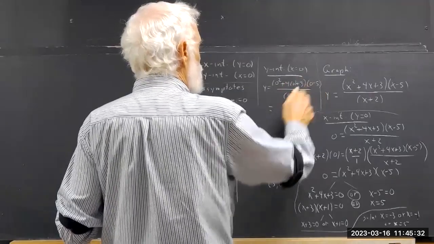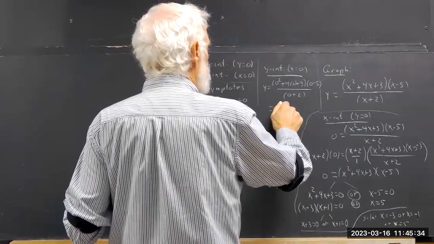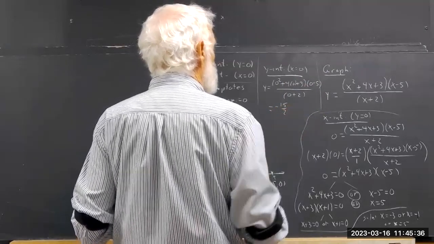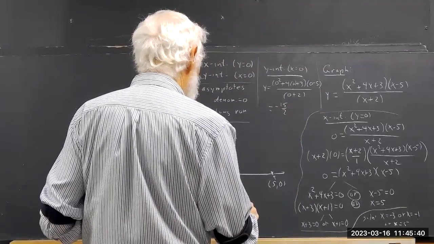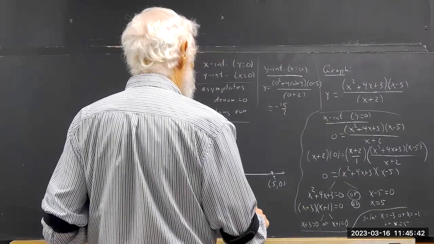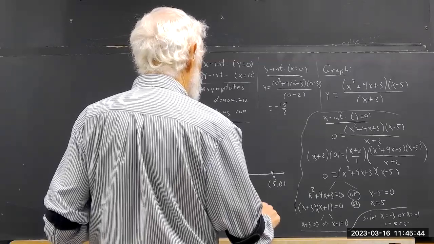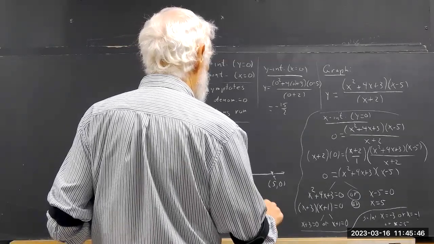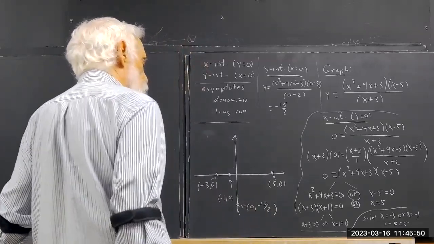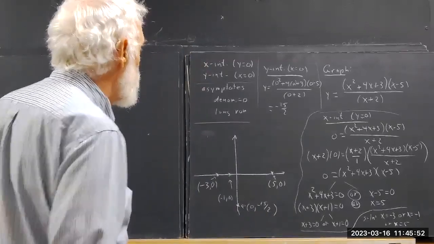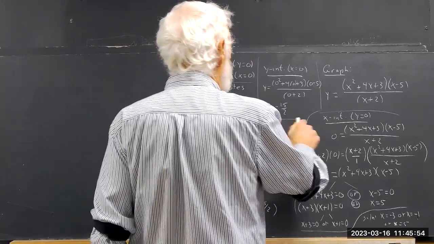That's going to give us 3 times -5 over 2, -15 halves, which is -7.5. So I'm going to say, okay, let's just put that here: 0, -15 halves. Okay.